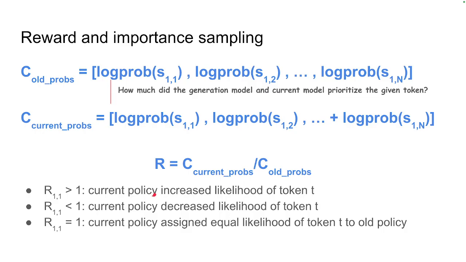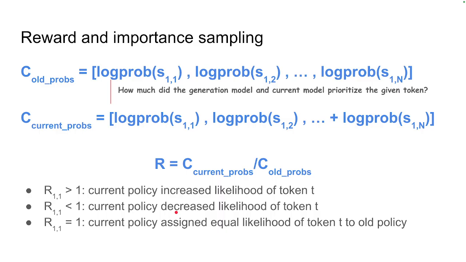The characteristic of this is, if the token is likely under the current policy, then we should upsample them, and if it is unlikely in the current policy, then we should downsample them. And these are all based on how much reward they are giving us.